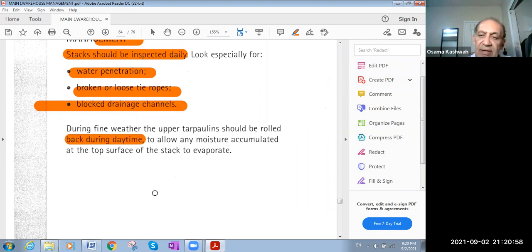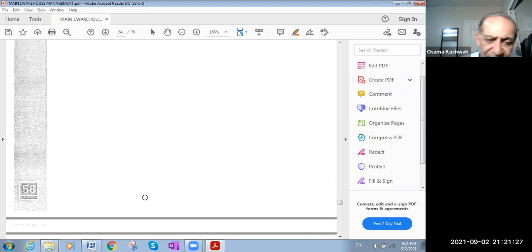So we can roll it, remove it from the top, for the ventilation and for the air to come to the stacks or the bags, and to allow any moisture, even if there is accumulated moisture, to be gone. When you remove the cover, that will prevent the moisture from accumulating there.